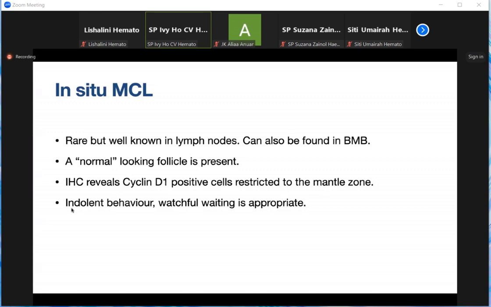But of course, this type of mantle cell lymphoma has very indolent behavior. Normally we don't need to start treatment for this. The clinician will keep watchful eyes on them and just follow them up closely.